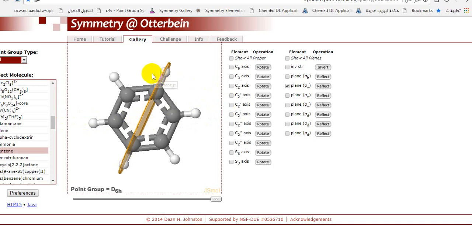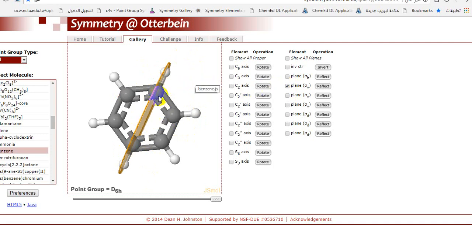And here we have sigma between atoms, and on the plane we have sigma. You take all atoms. Okay, look at me. This is sigma number 1, sigma v.